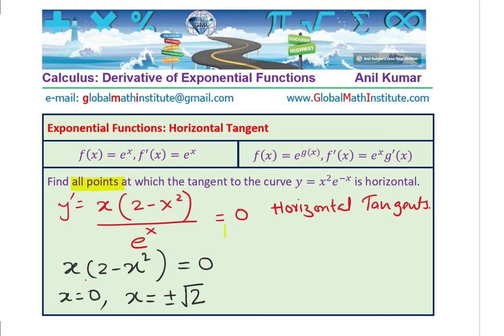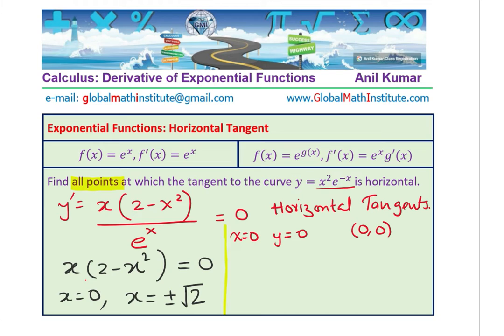So let us calculate the y values now. If x equals 0, then y equals 0, correct? When I substitute 0 here, I get a coordinate point (0, 0). Perfect.